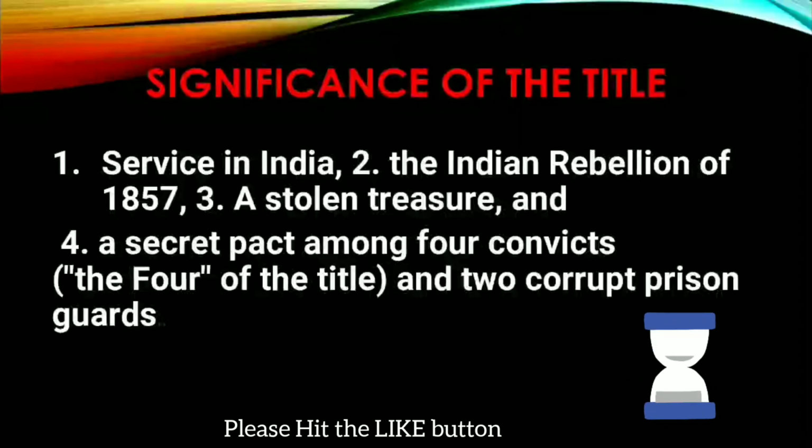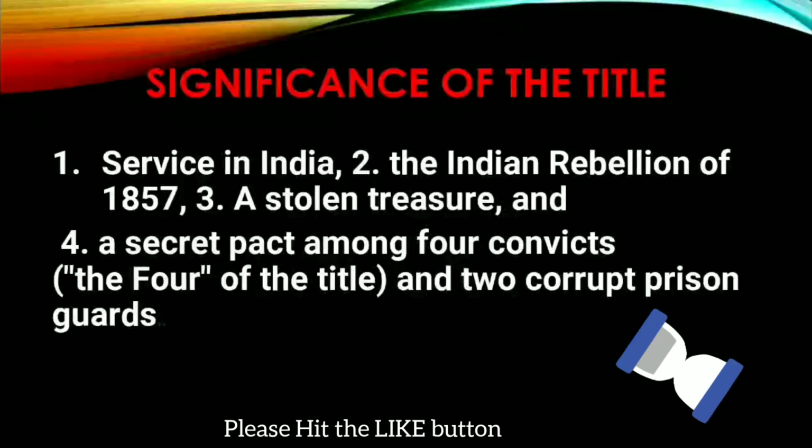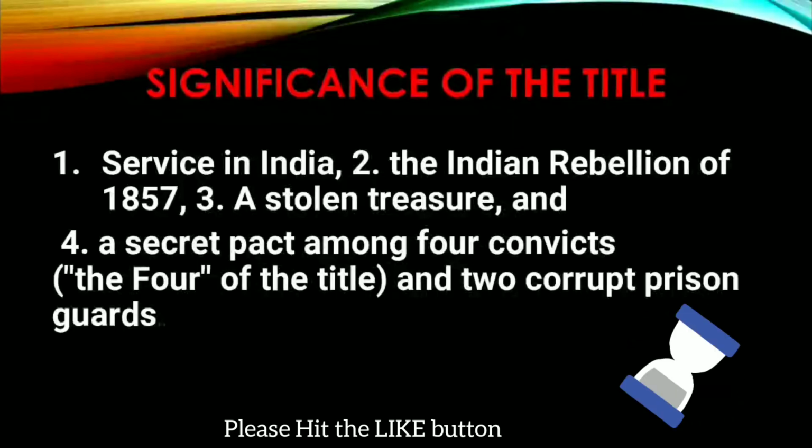If I talk about the plot of the novel, the novel has a complex plot involving service in India, the Indian Rebellion of 1857, a stolen Agra treasure, and a secret pact among four convicts, the four of the title we have seen.